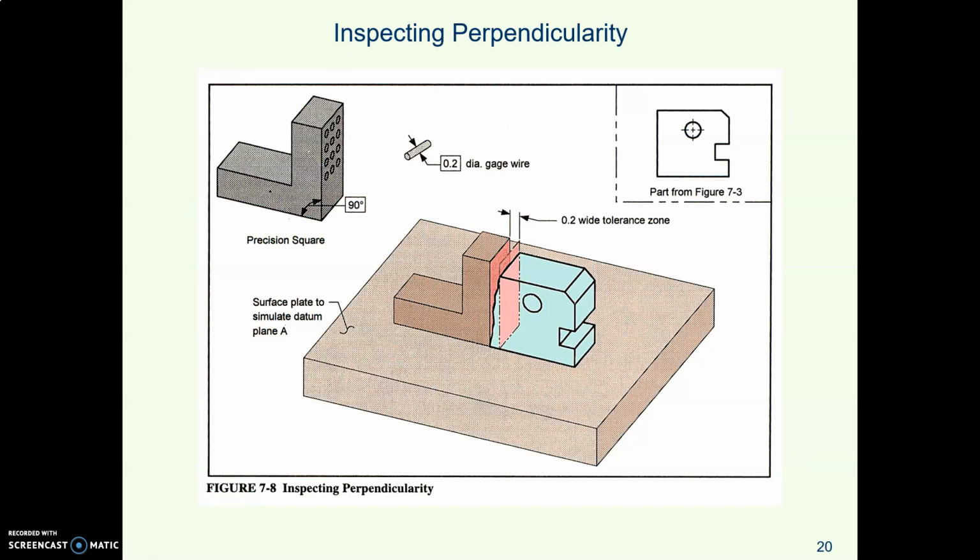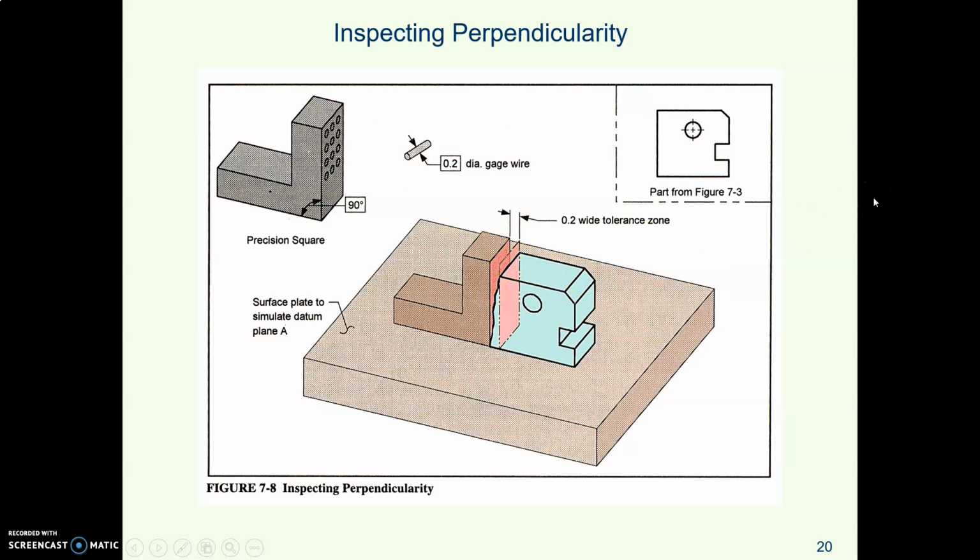Okay, inspecting perpendicularity. Well, here's the not very efficient way of doing it. You could, if you needed to, put your part on a surface plate and then get a precision square, snug the part up against the precision square, and then get a series of gauge wires, here's a gauge wire, and see if they'll fit in that gap or not.